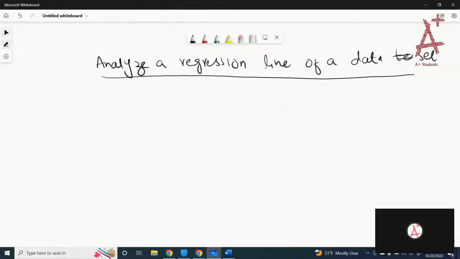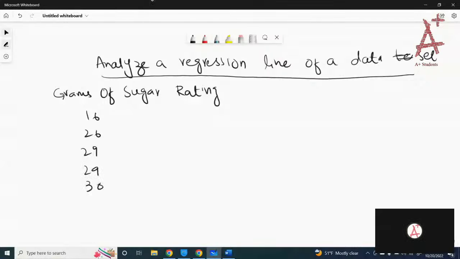We are given the table of grams of sugar and rating. The values are 16, 26, 29, 29, and 30. The ratings are 1, 3, 2, 3, and 5.